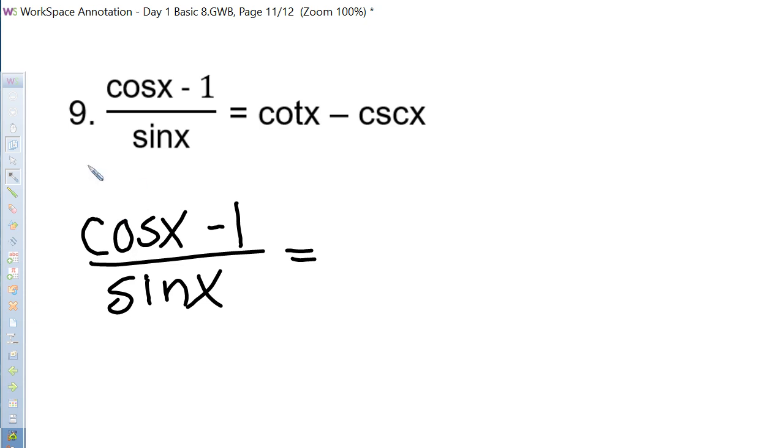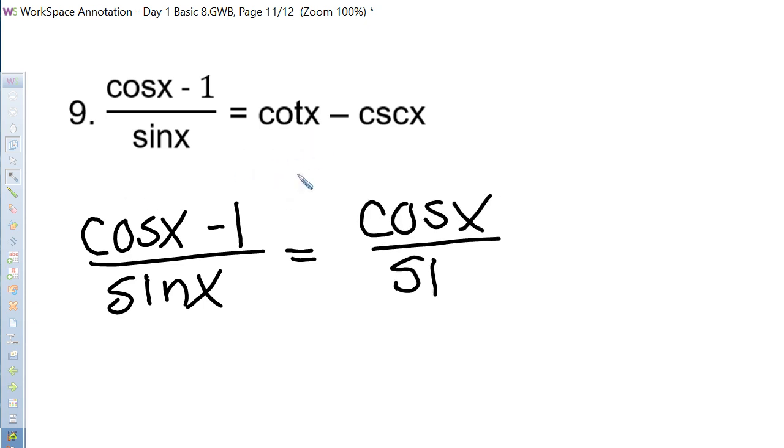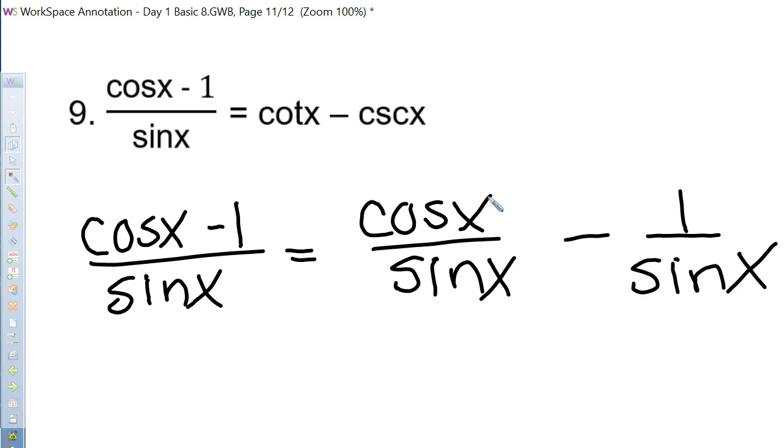So what I'm going to do, I'm going to take both terms in the numerator, divide them by what's in the denominator. So cosine of x divided by sine of x, negative 1 divided by sine of x. So this would be cosine of x over sine of x, and we'll have a minus between the terms, and then the 1 needs to be divided by sine of x.